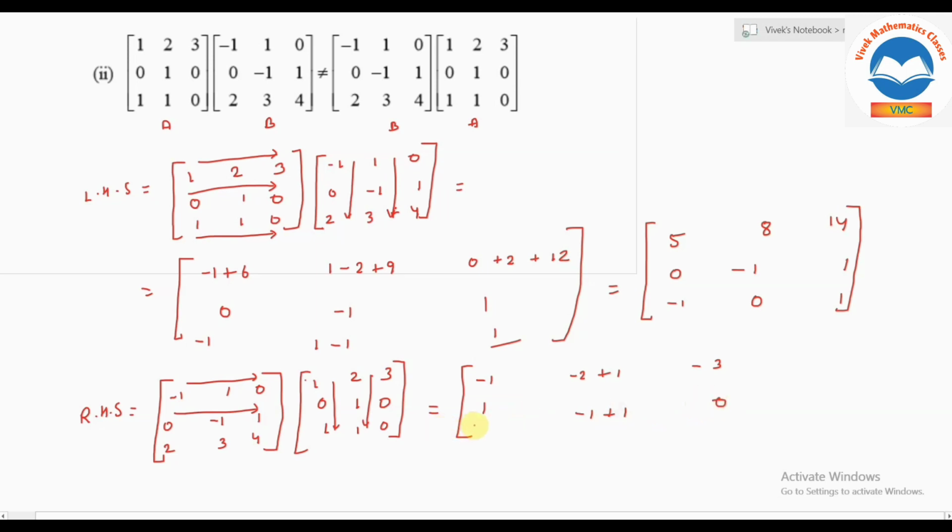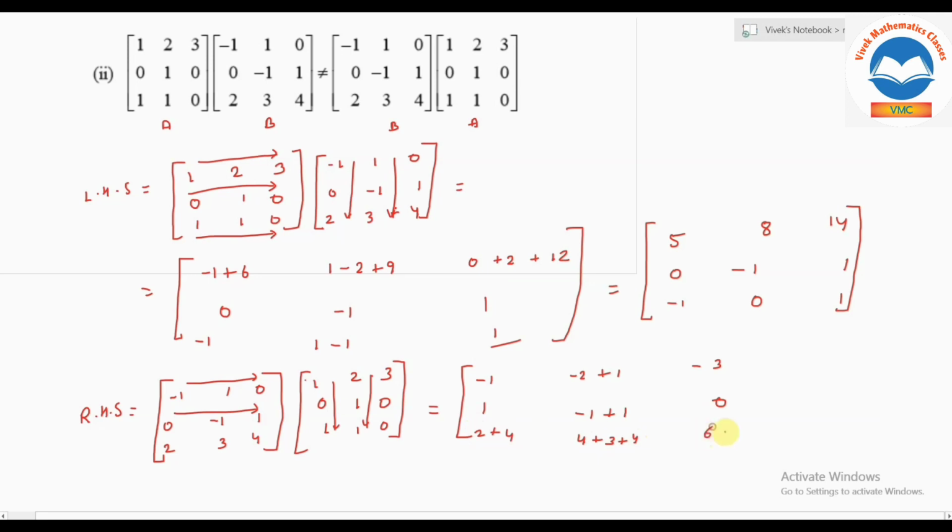Okay. So next we will go to third row and first column multiplication. So you will get 2 into 1 will be 2, and 3 into 0 will be 0, and 4 into 1 will be 4. Next, third row, second column. 2 into 2 will be 4, 3 into 1 will be 3, and 4 into 1 will be 4. Next, third row, third column.